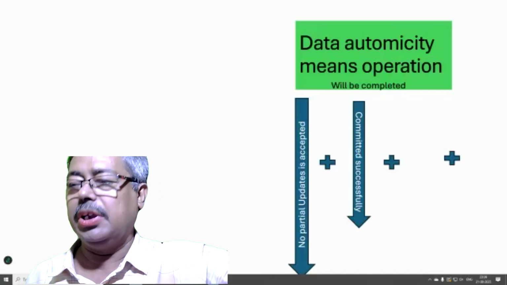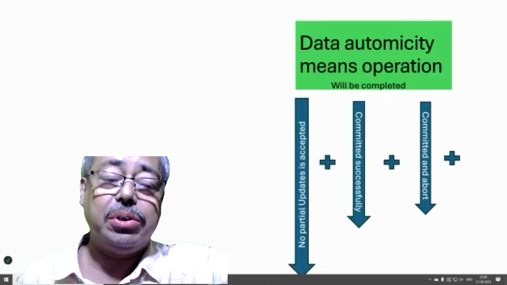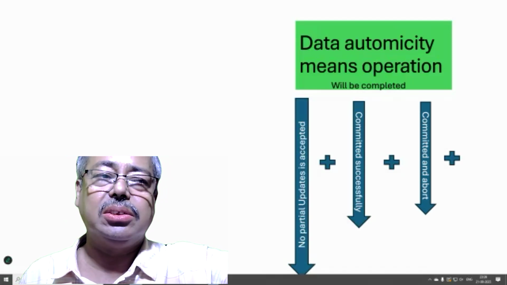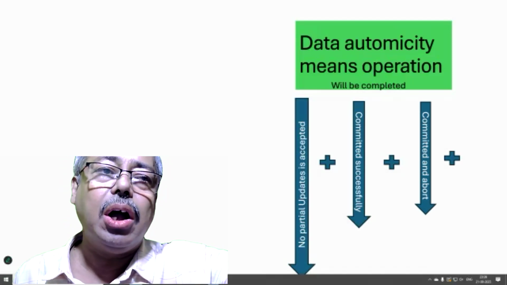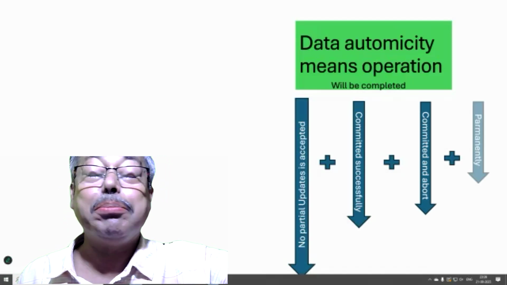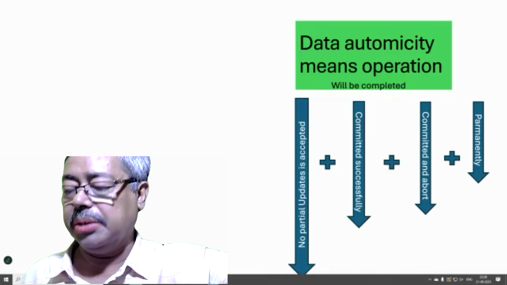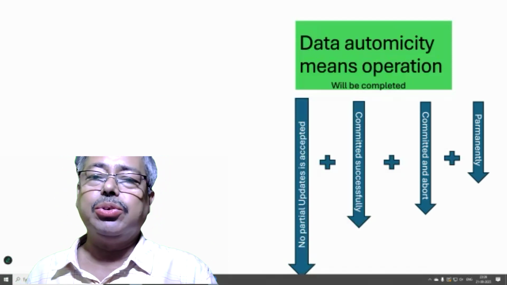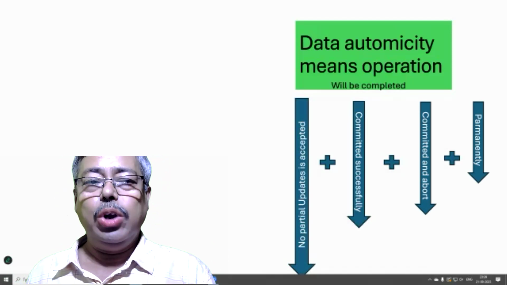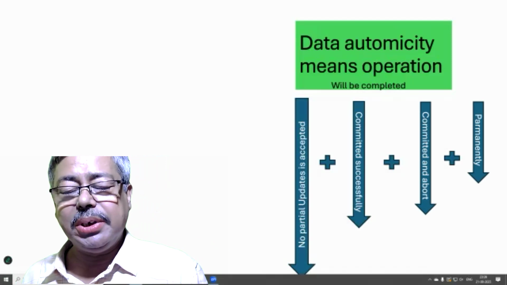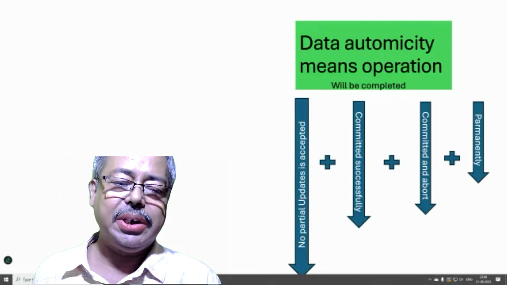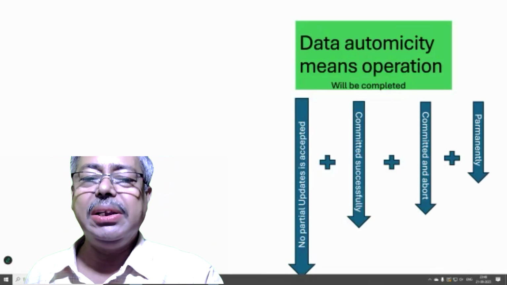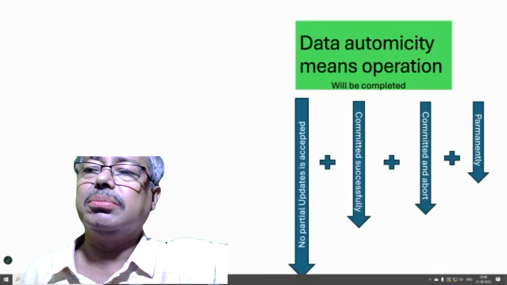Next, commit and abort. Committed is a state of the database which defines that the operation is done and it is permanently done, not temporarily. So atomicity represents that the operation going on in the database system will be finally committed. There is no partially committed; committed means finally committed.